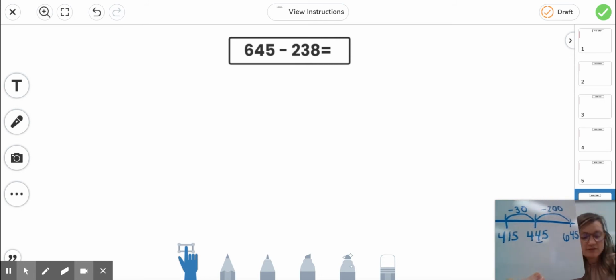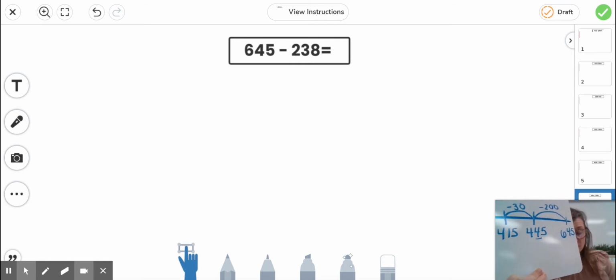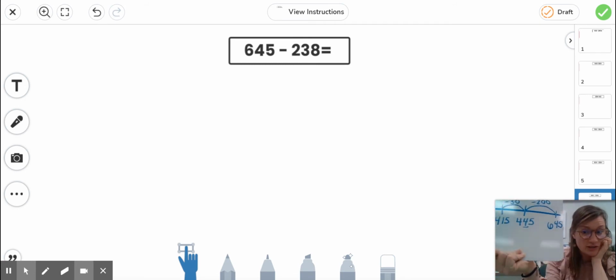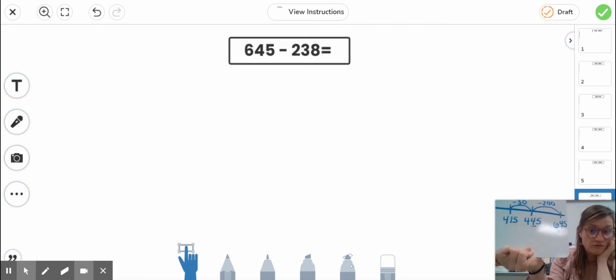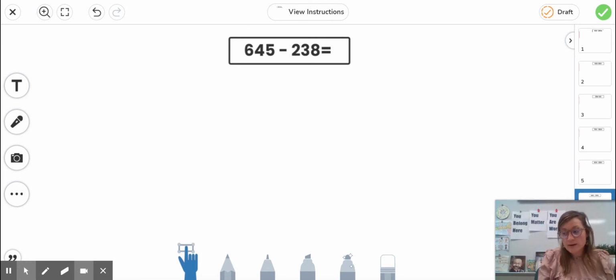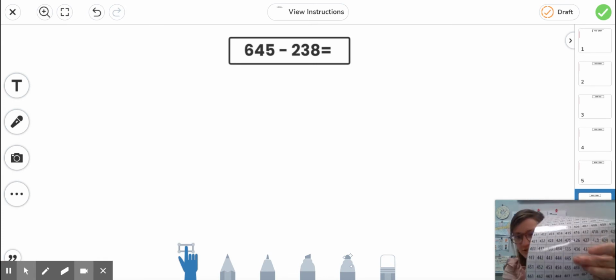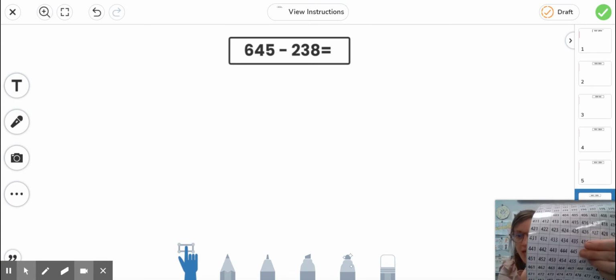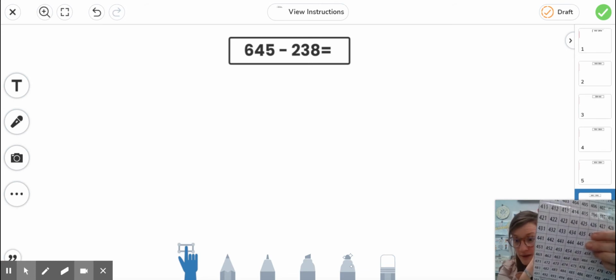So this is where the thousands chart can come in handy for you as well. So let's say that that would be really tricky for me to think about, like 445 minus 30. Well, what I can do also is find 445 on my thousands chart here. 445. So I found 445. And if I'm subtracting 10, remember, every row goes by tens.